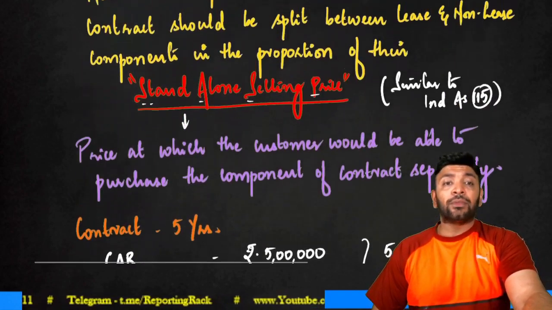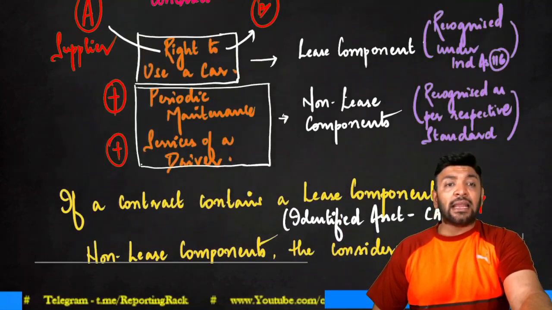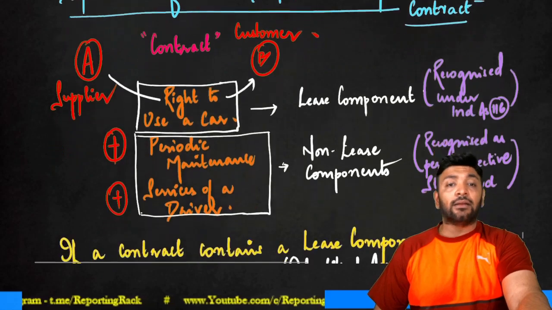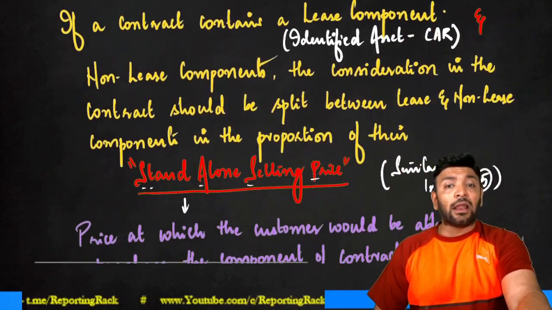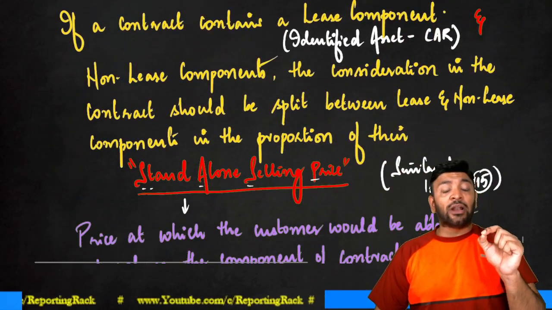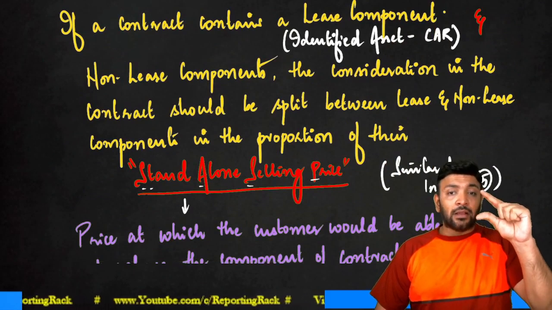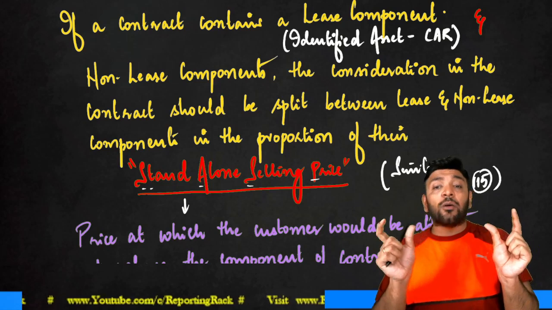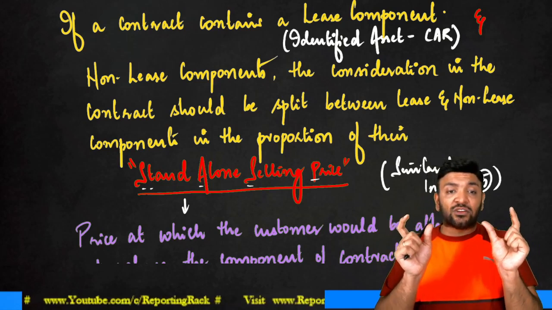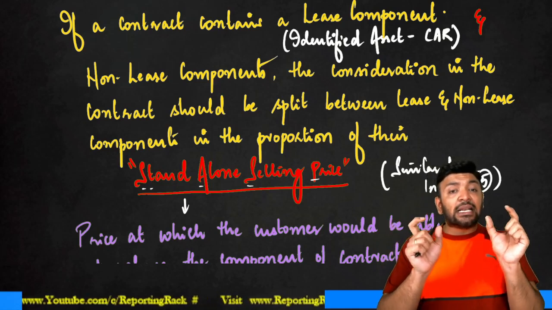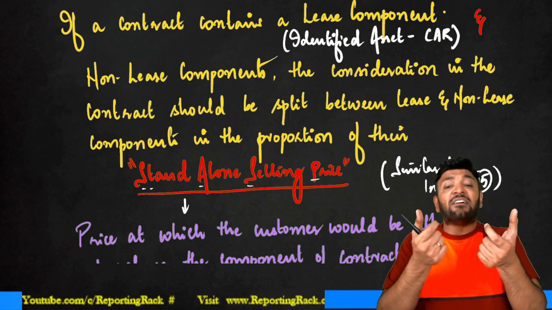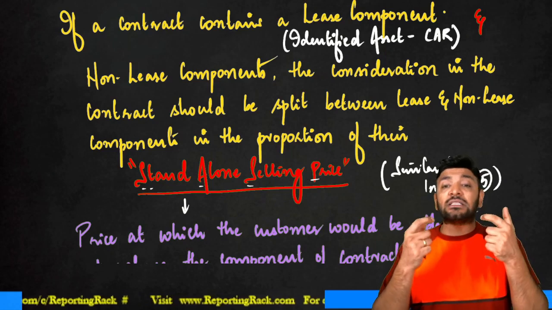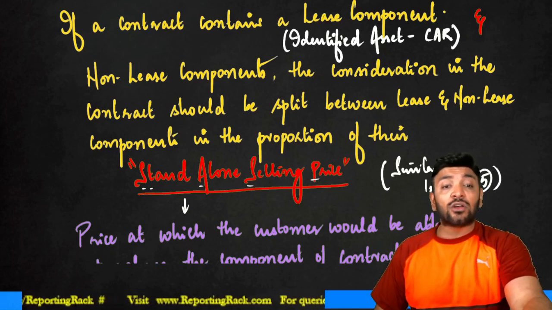We are saying if a contract contains a lease and a non-lease component together, then the lease and the non-lease components should be split. The lease component should be recognized under IND AS 116. The non-lease component should be recognized as per their respective standards. Then the consideration under the contract should be divided between these two portions on the basis of their standalone selling price. What is a standalone selling price?